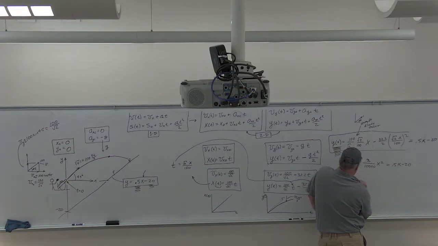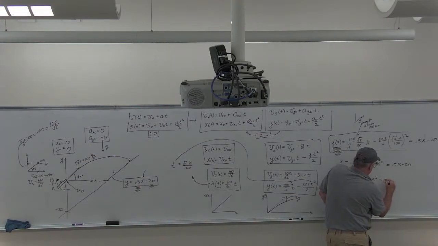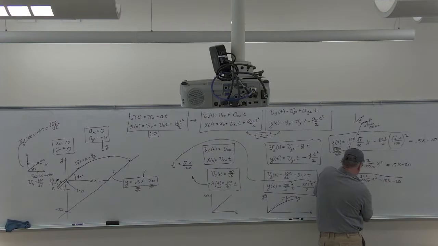Now I guess I can move these things over there. I'll move that over, so I get 32.2 over 10,000 x squared. Move that one over with it, and I get minus 0.5 x minus 20. So what are the roots of that thing?